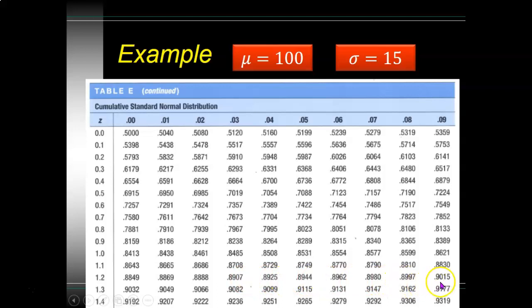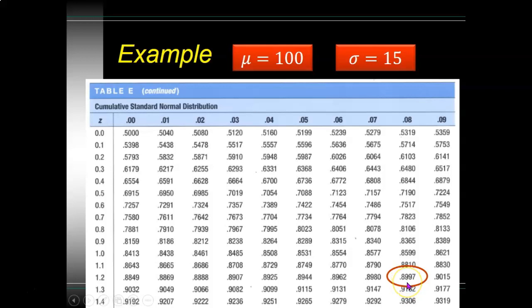Okay, I see a 0.9015, and then right before that is a 0.8997. So 0.9 exactly would be somewhere in between those two, but it would be closer to 0.8997. That's just 3 ten-thousandths away instead of 15 away. So that's the closest area I could find on the table to exactly 0.9000.